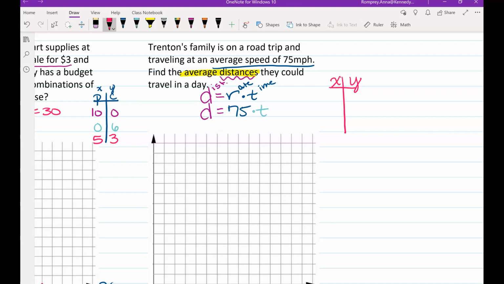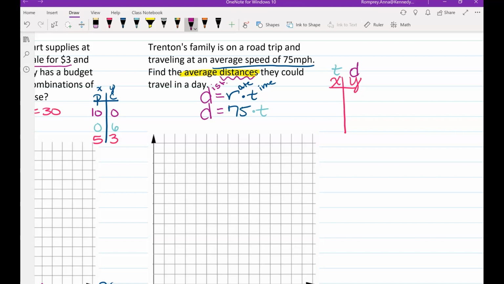So the distance we travel, does it depend on the time we travel or does the time we travel depend on the distance? Wait, no, that sounds funky. I think it's the first one. The distance depends on how long we've been in the car. That makes sense. So T has to be our input, okay? T is our input, and depending on how long we've traveled, that will tell us how far we've traveled.